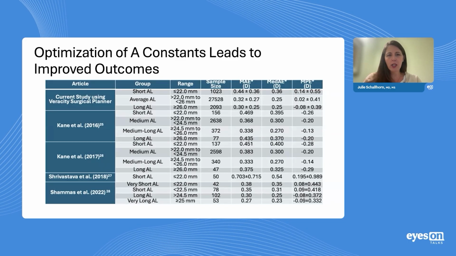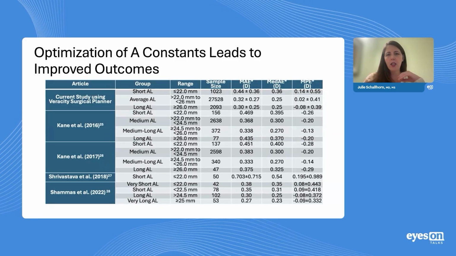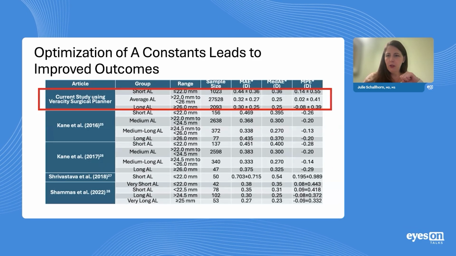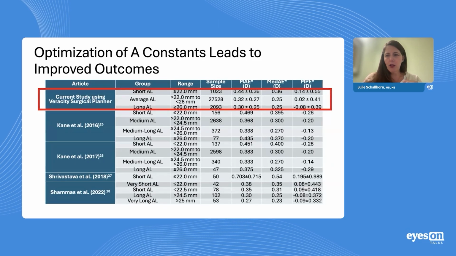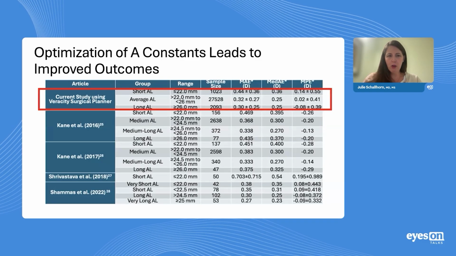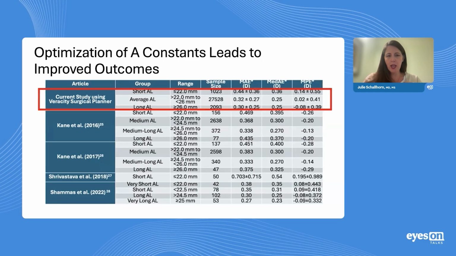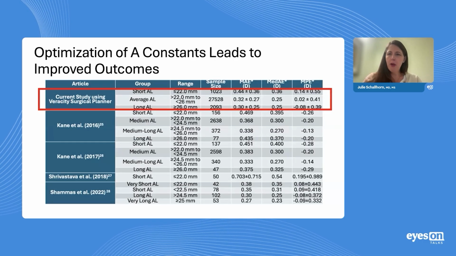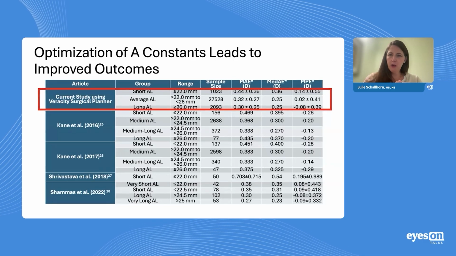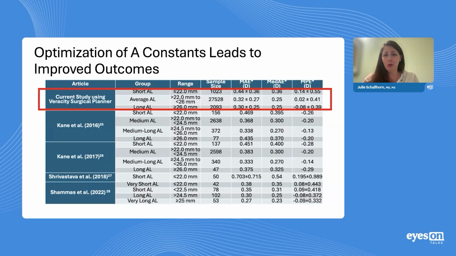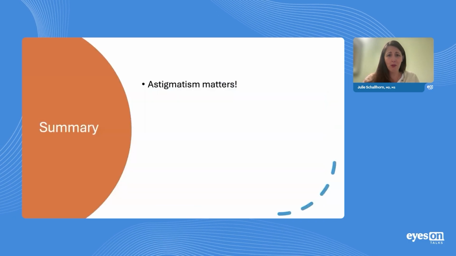This is a study we did looking at optimizing the A constant using the data from Veracity, really driving the mean predictive error down, even below what has been published before by Kane et al. So the more data that comes into Veracity, the better your outcomes become because of the A constant optimization, and the better everybody else's outcomes become too, which is great for patients in general.